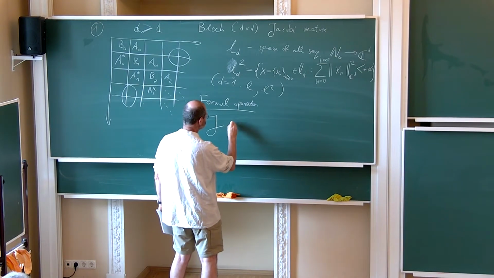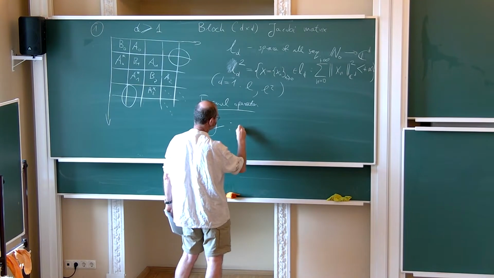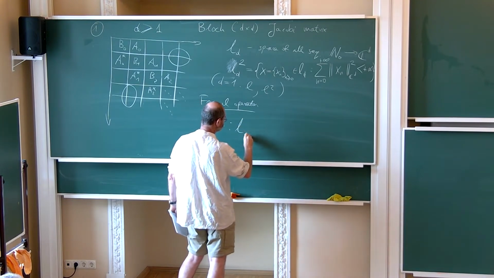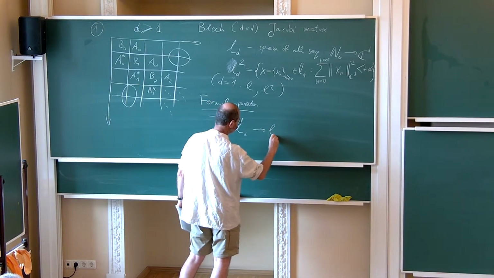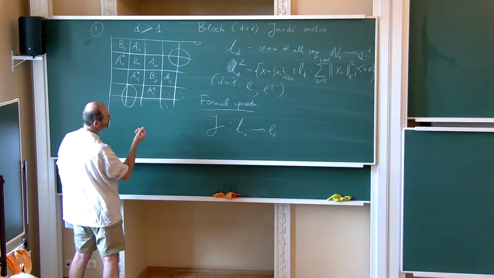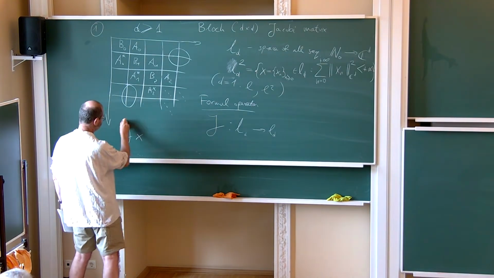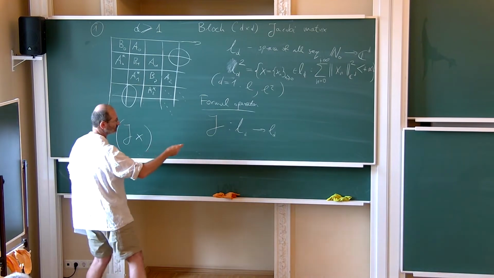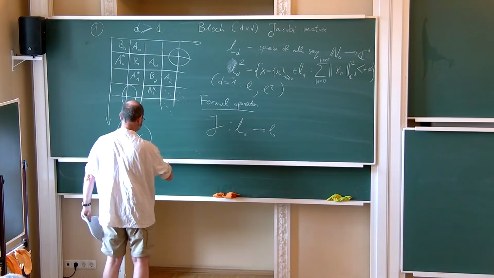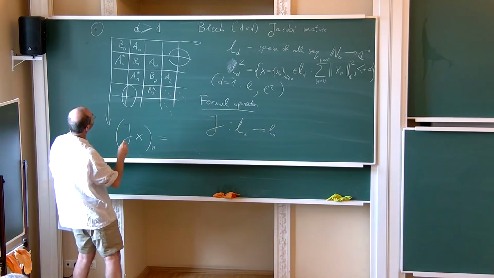This is an operator from LD to LD, the formal operator given by this matrix. So we can write it down: J of x is a sequence which for n has a value, and we should compute it.